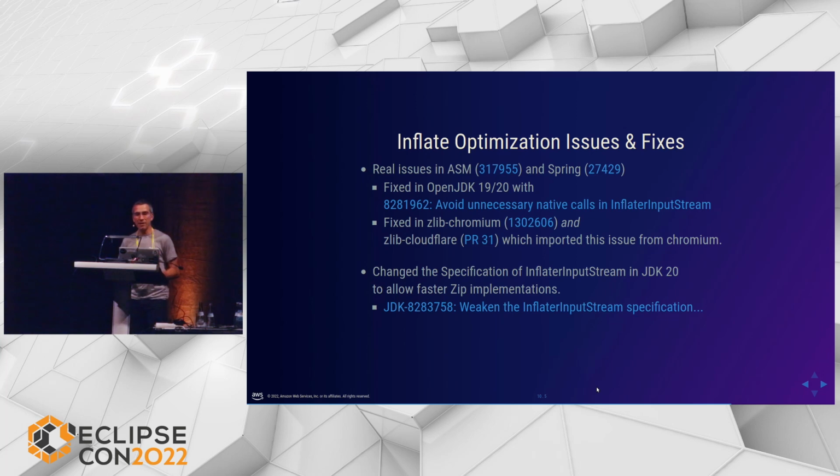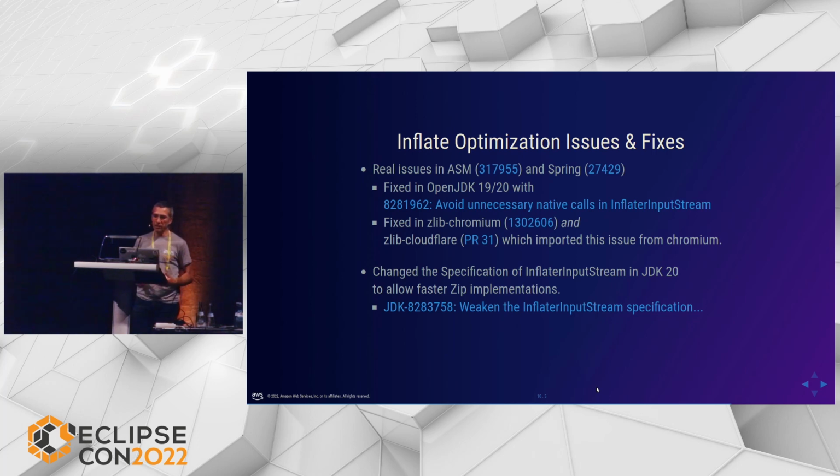And another thing which we have done in JDK 20 is to weaken the specification of InflaterInputStream, to not be as strict as its base class InputStream. That was quite a fight because that required an API change, and that's actually a standard change.